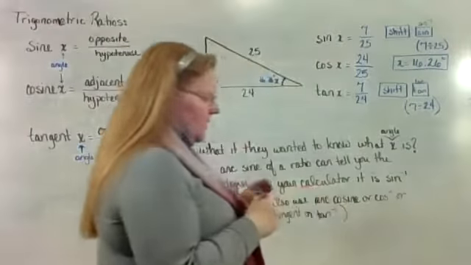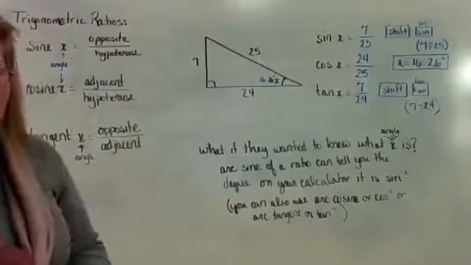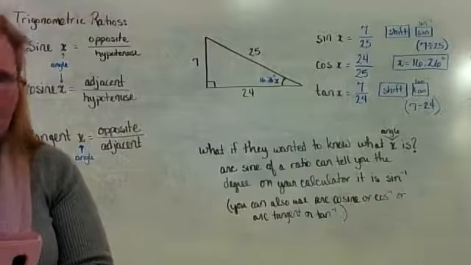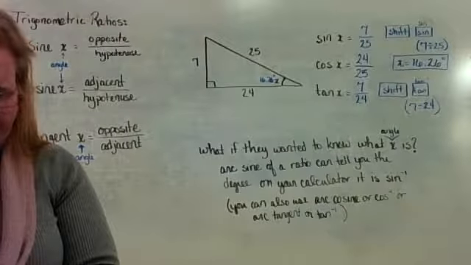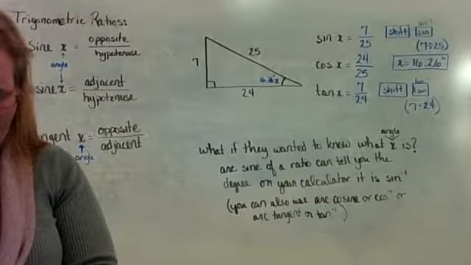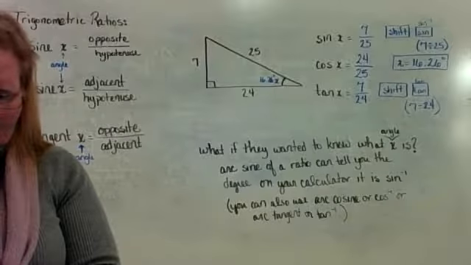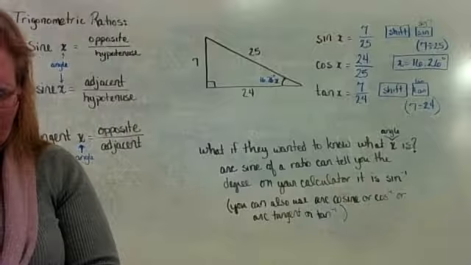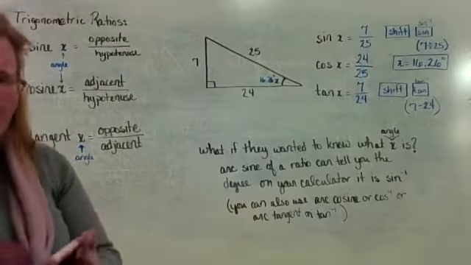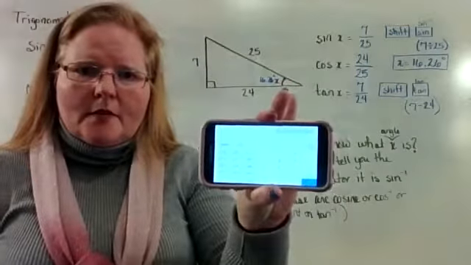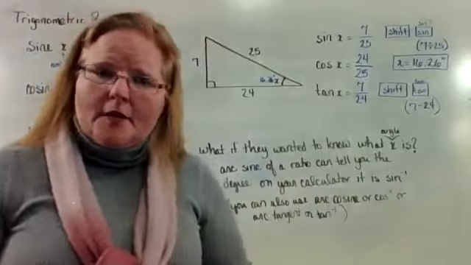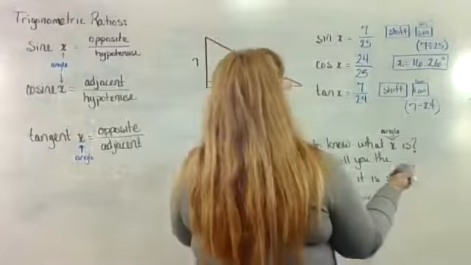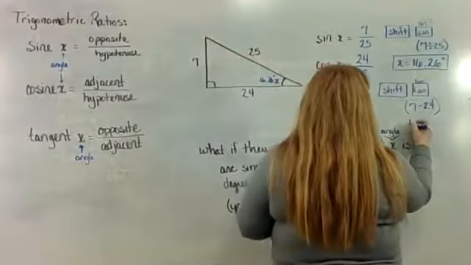And when you punch that in your calculator, hold on a second. Seven divided by 24, close parentheses, equals, hey, look, it is the exact same number. And it's the exact same number because we're talking about the exact same angle. It's just another way of finding that angle. It's 16.26.